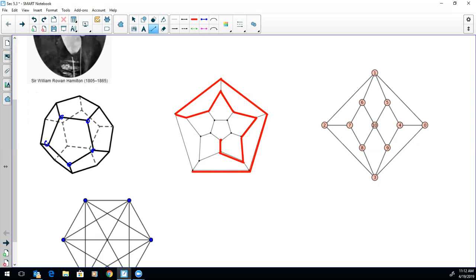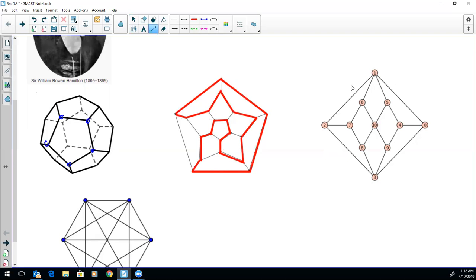Now inside again, 2, 3, 4, 5, oops, I missed 6, 7, 8. So there is your Hamilton cycle for the dodecahedron graph.